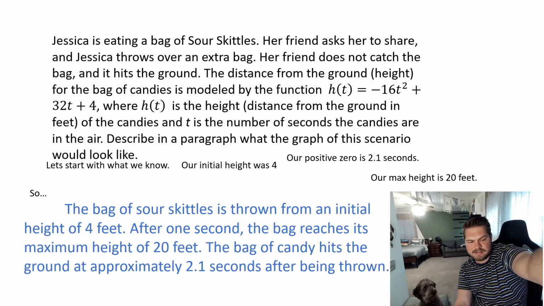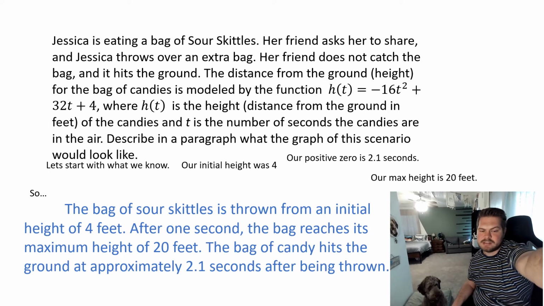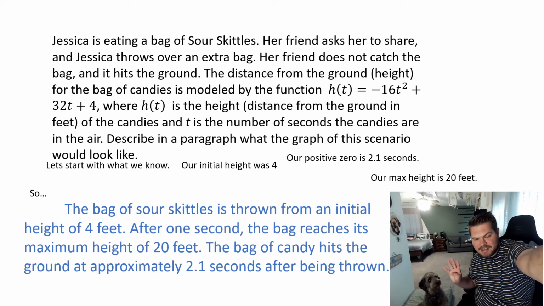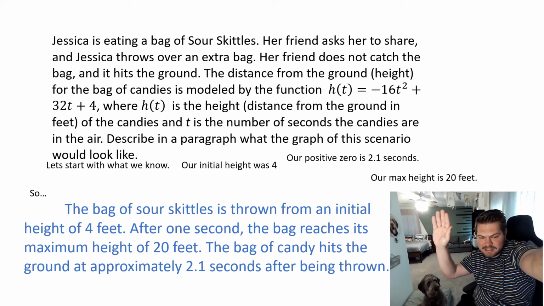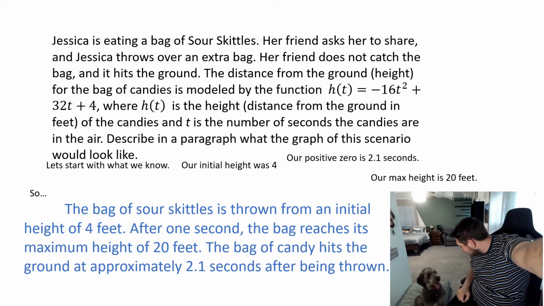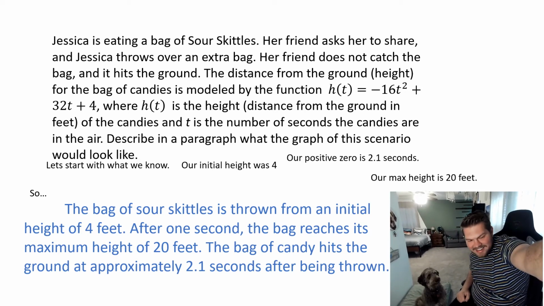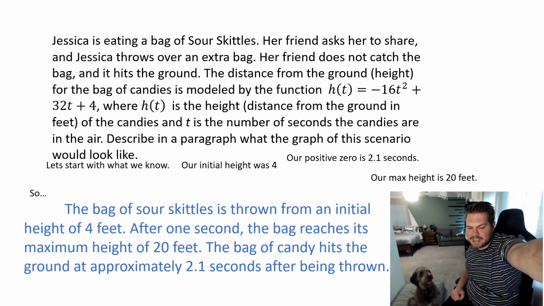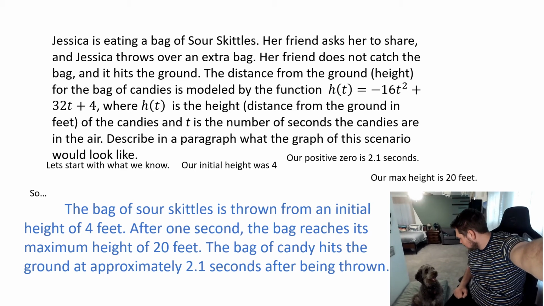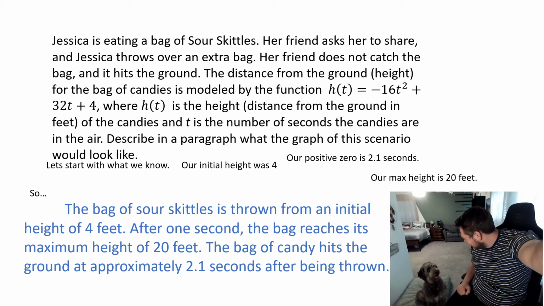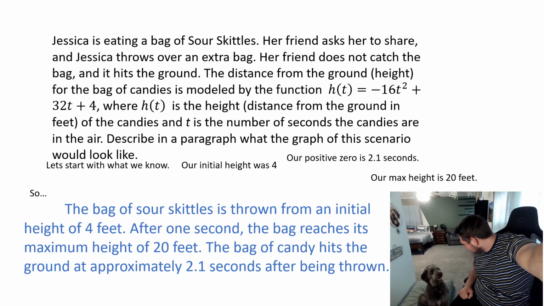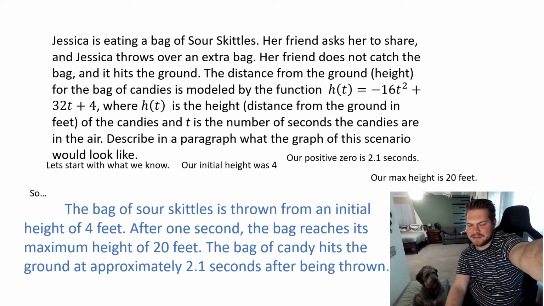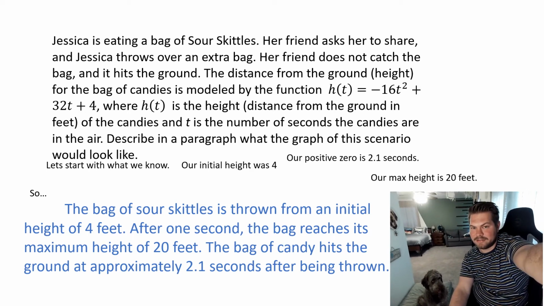That means that the bag of sour Skittles is thrown from an initial height of 4 feet. After 1 second, the bag reaches its maximum height of 20 feet. And the bag of candy hits the ground at approximately 2.1 seconds after being thrown. Isn't that so cool? The next one, it'll make more sense on how we're able to find that out.